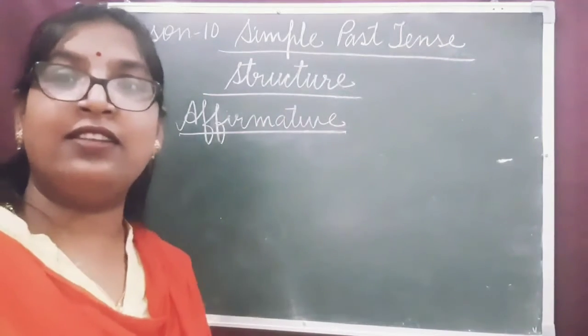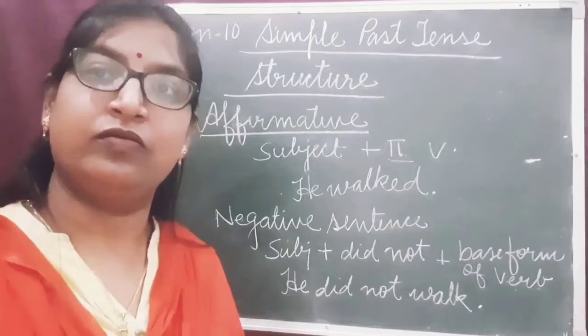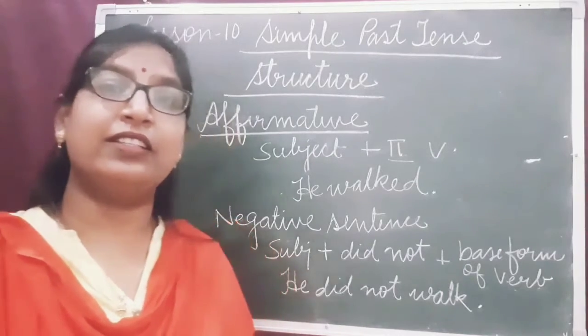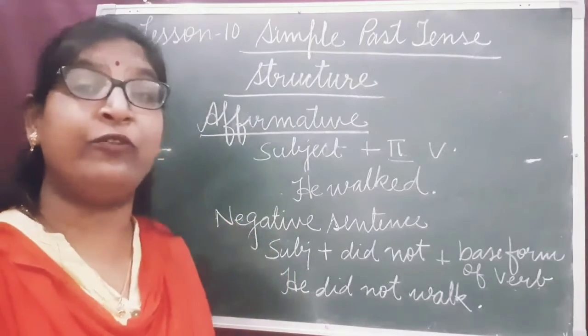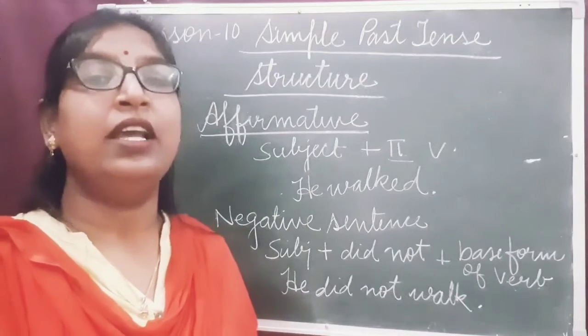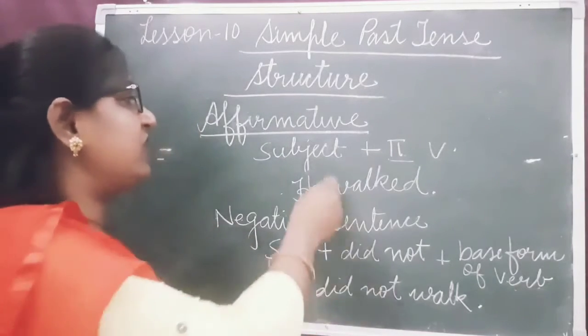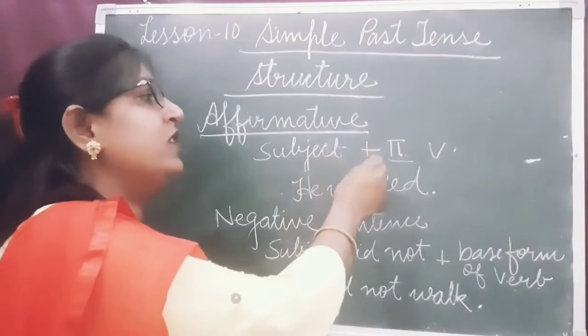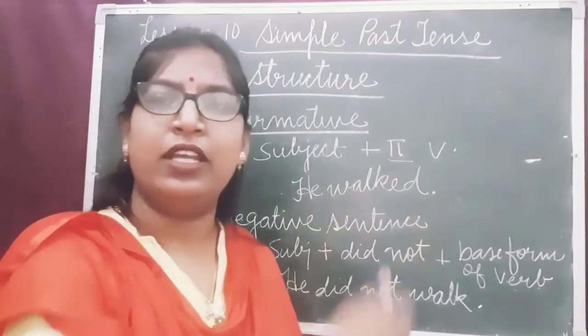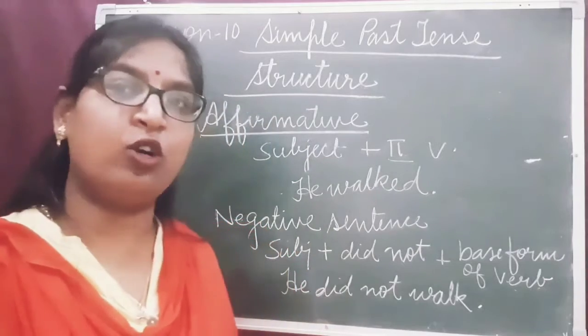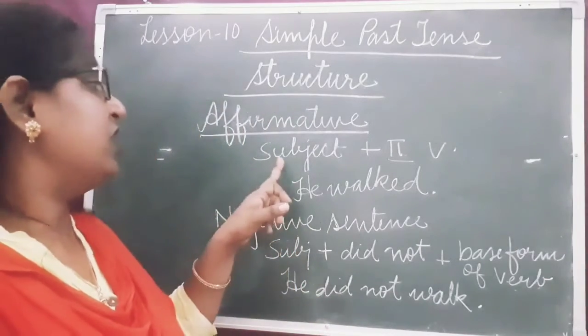Affirmative sentence. Now dear children, let us see the structure of an affirmative sentence, how to frame an affirmative or positive sentence. The structure is subject plus second form of the verb and then the object or complement, whatever.